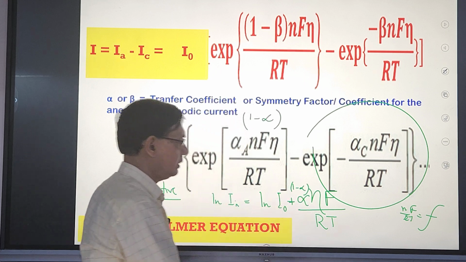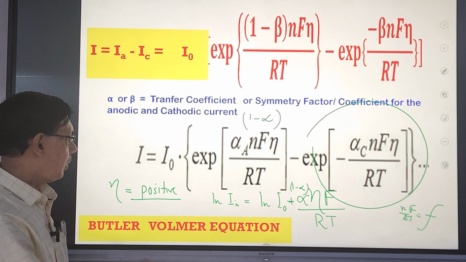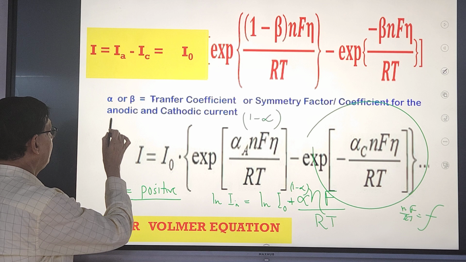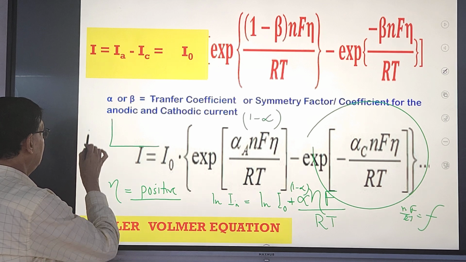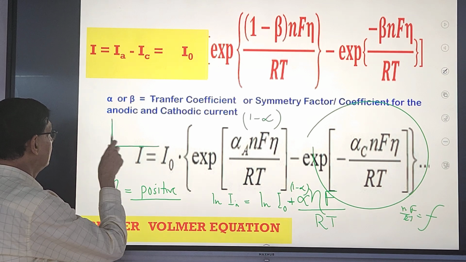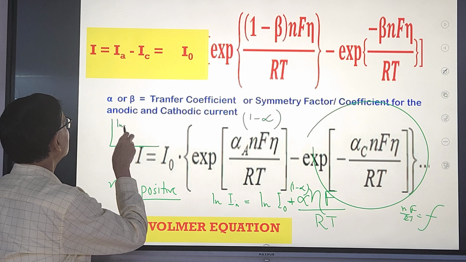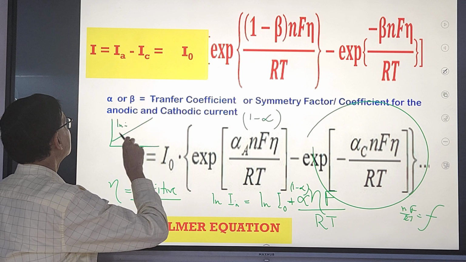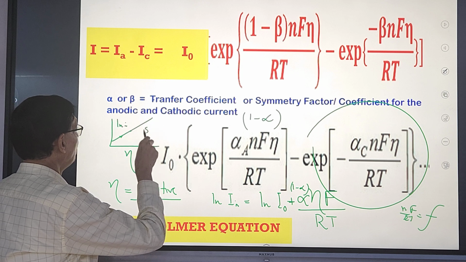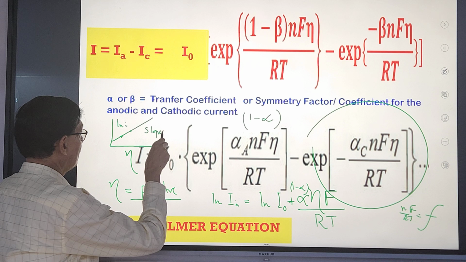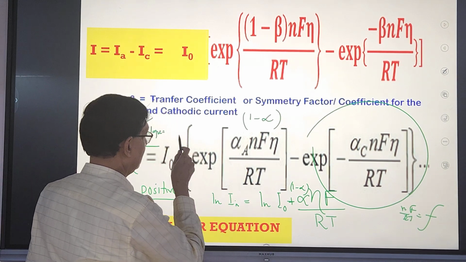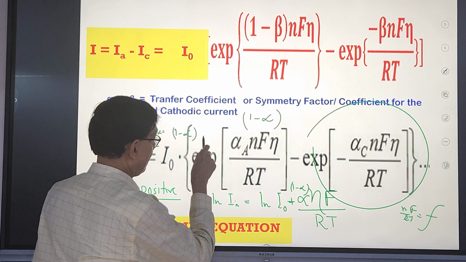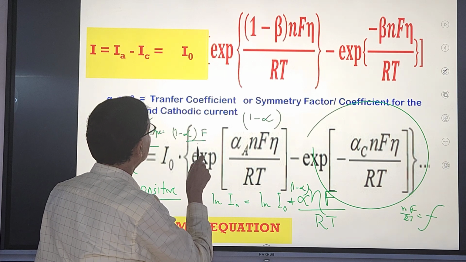It is a slope value, doesn't matter. So if you plot a graph between natural log of current I and eta in millivolt, sometimes you will get such a thing. Slope will be 1 minus alpha f by RT, like that. I'll come to that one.